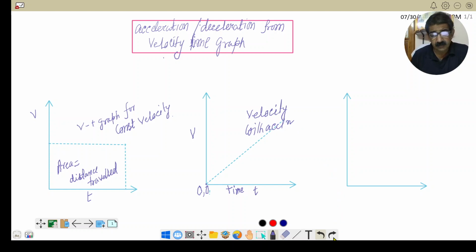And in this case also, the area under the graph, this triangular area, is the area. So if we want to calculate the area, you must know the distance. This distance is known as base, and this distance is known as altitude.